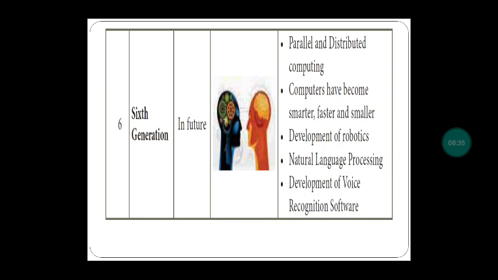They will think and answer whatever questions we ask. Voice recognition software has also been introduced. You know that in laptops and mobiles we have voice recognition. We can set the voice recognition as a password. That has been introduced in this sixth generation.